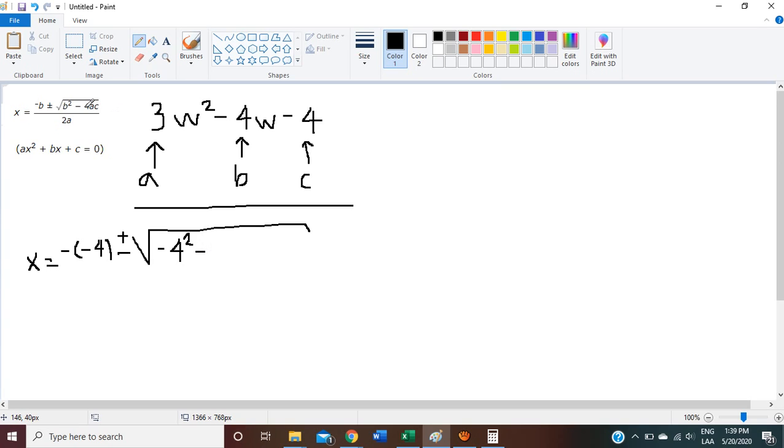Minus 4 times a, which is 3, times c, which is negative 4, and all of this is going to be divided by 2 that multiplies a, remember, that is 3.